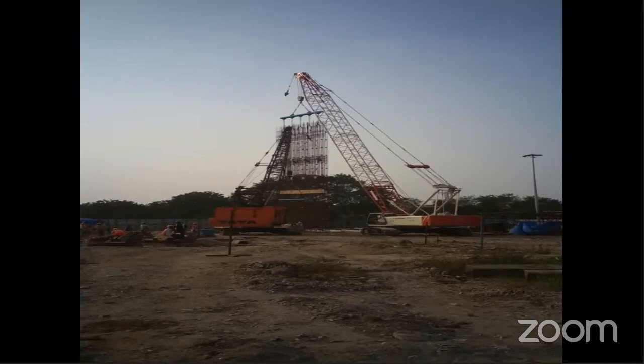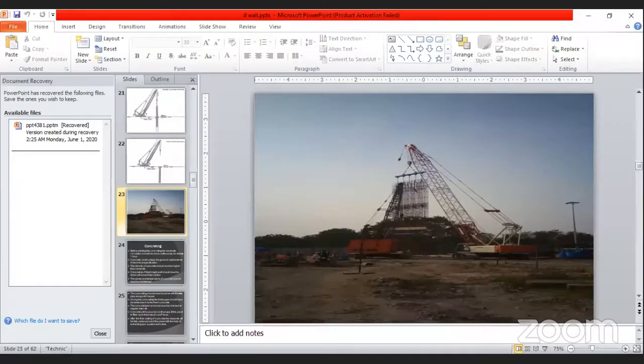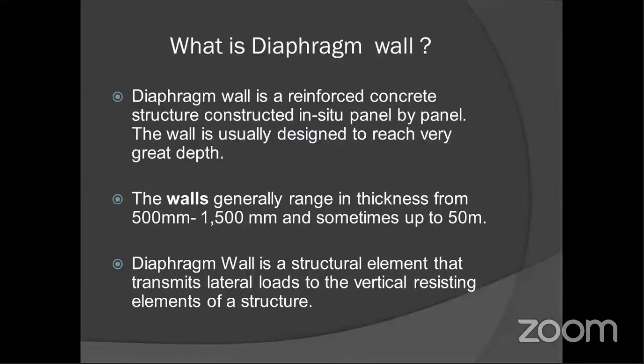After the cage fabrication and placing, everything will get completed, so we should go for concreting. Before going for concreting, we must do the bentonite circulation for at least 1 hour. In this process, we have to put new bentonite and remove the old one, so it will be easier for us.